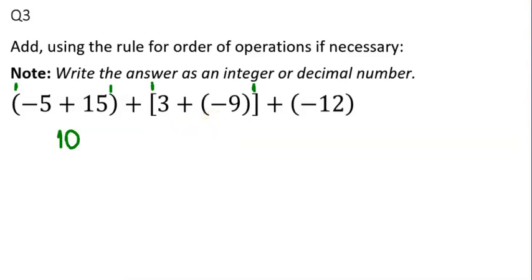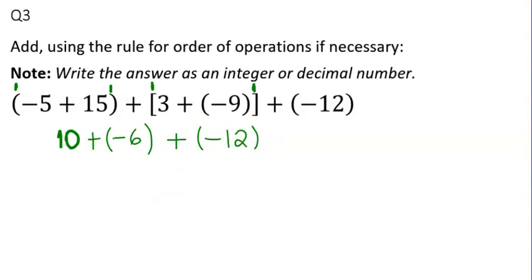Different signs, I subtract the 2 numbers. 9 minus 3 is 6, but the sign of the bigger number is negative. So then 10 plus negative 6. And I solved this grouping, but I kept this parenthesis to indicate the negative, to not mix this with that. Then I do plus negative 12.